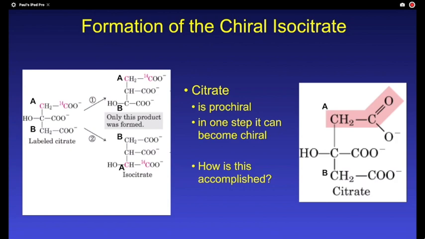And so what we did was we allowed radioactive material to come in, and you can see this radioactive material in the citrate. If it was in this particular position, after it was processed, you could have either the C14 at the A position at the top, or it could be flipped upside down, where the A position's here and the hydroxide is on the A. Now, those are the possibilities.